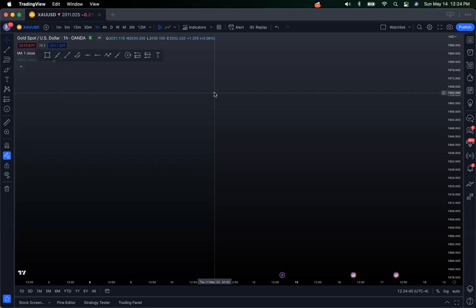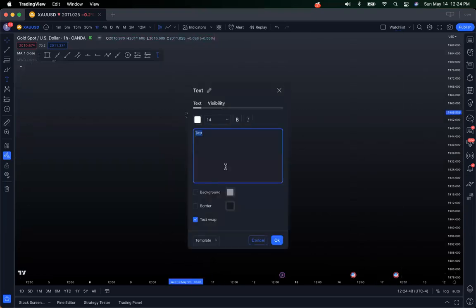I think proficiency at understanding and identifying these levels is what's going to help you with the other stuff that's going to be part of our discussion.